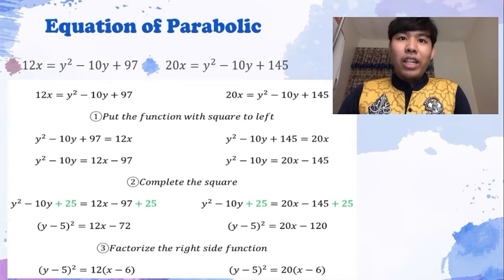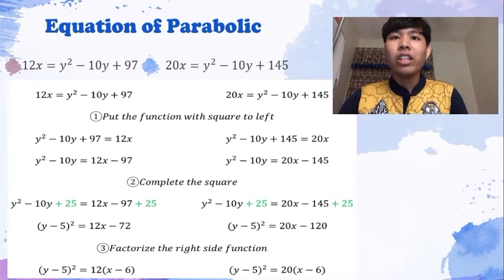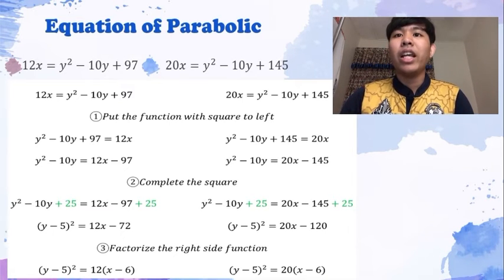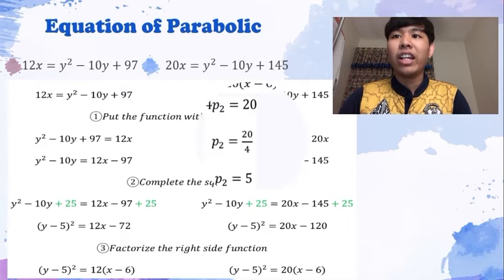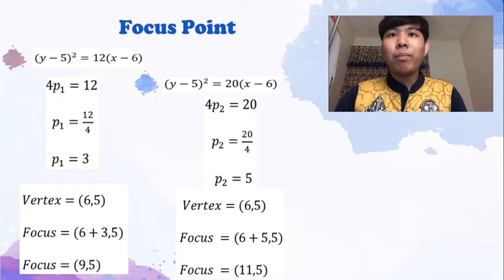For P, known as C in the graph, we need to use the C value to know the direction the graph will open. Now the C value is positive. This means that it will open in the right direction. Next, the focus of the equation is determined by P. So the calculation is, first we get 4P1 equals 12.